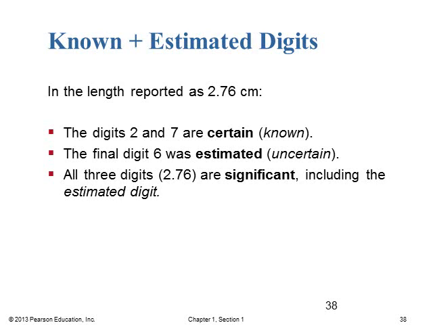So we call the digits 2 and 7 certain numbers, but that final digit was an estimation because there were no real lines to be exact with that measurement. That's just an estimated value, and so there is uncertainty attributed to it.